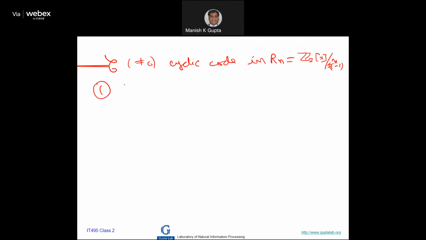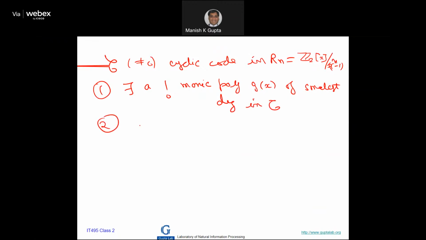First, there exists a unique monic polynomial g(x) of smallest degree in C. Second, C is generated by this g(x).